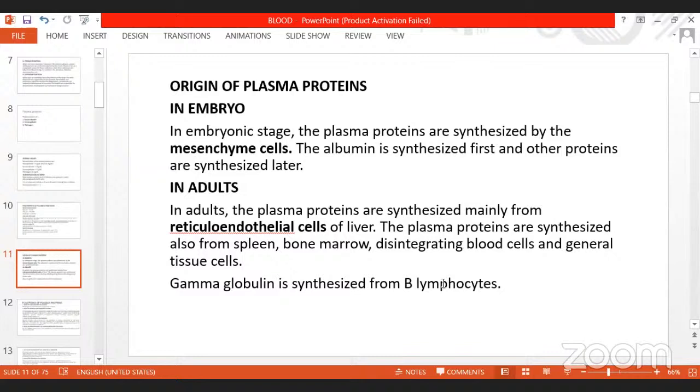So liver diseases will affect the plasma protein level, and renal diseases also will, because renal excretion of protein is seen in renal diseases. And gamma globulin is synthesized from the B lymphocytes.